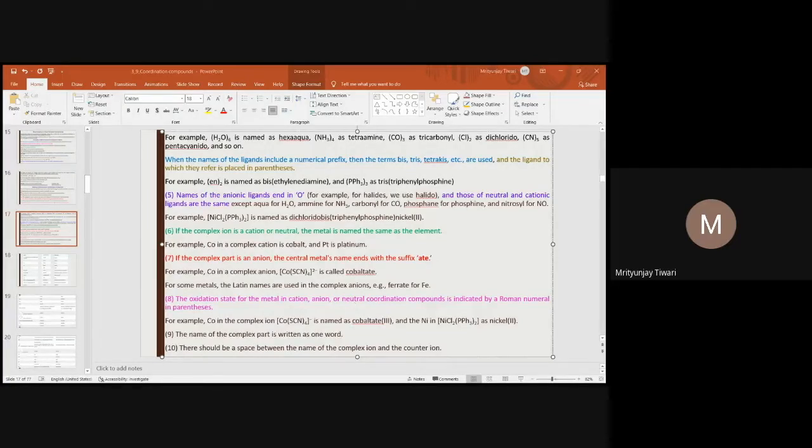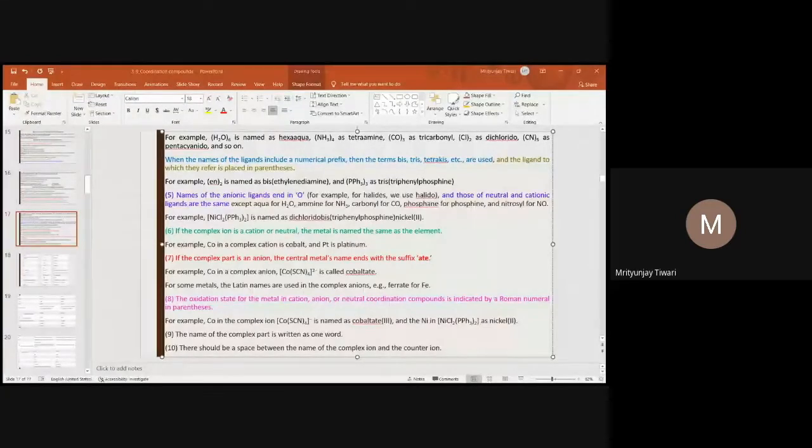Now we can write it as, it means there is one net negative charge on this complex. There are four cyanide ions, and four cyanide ions will have four negative charge, and what is the oxidation state of the metal? Depending on the oxidation state of the metal, the metal will neutralize some of the anionic charges, and the net charge becomes one minus.